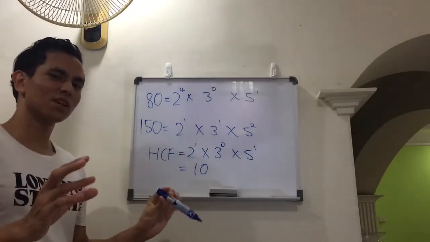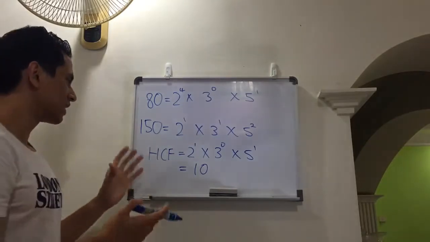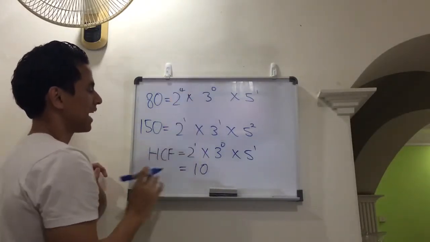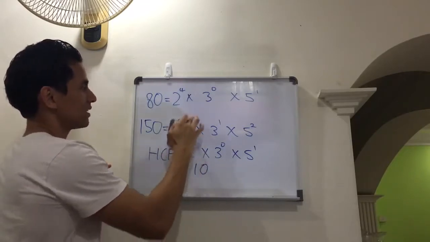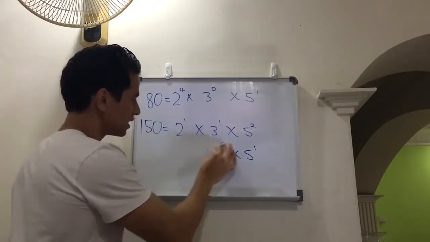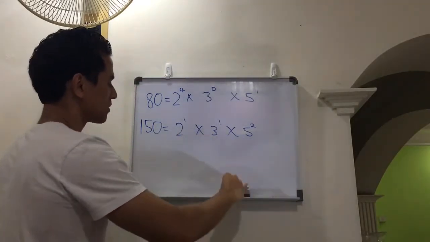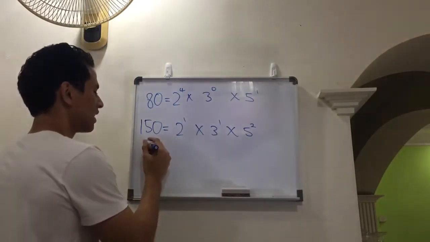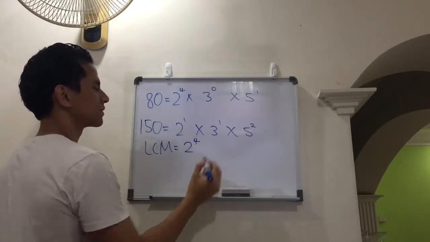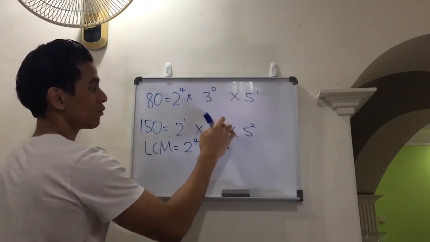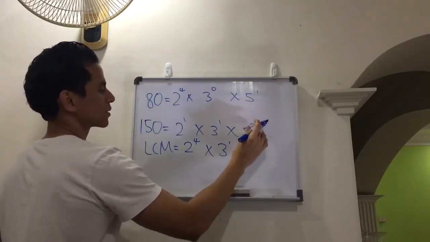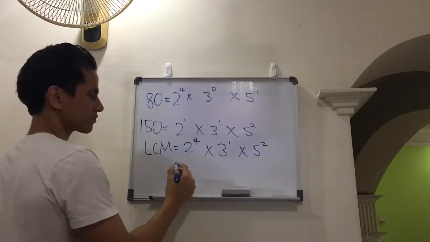This is actually quite opposite. So what's happening here is that for the highest common factor, you take the lowest powers, and now for the lowest common multiple, you need to take the highest powers. So the lowest common multiple will be just as such. LCM equals 2 to the power of 4 times 3 to the power of 1, because 1 is greater than 0, and 5 squared, because square is greater than 1.